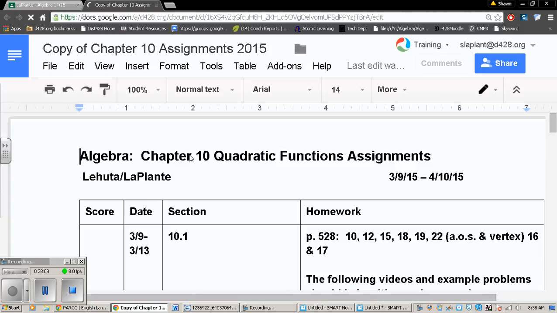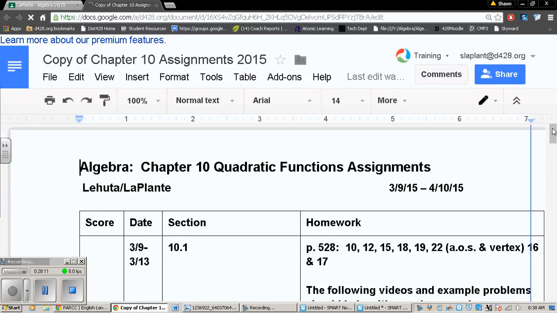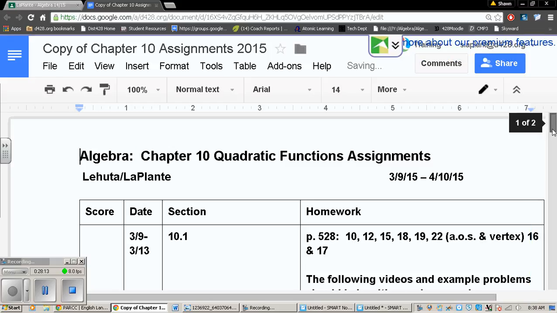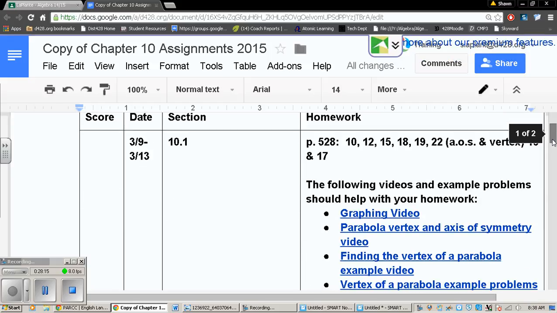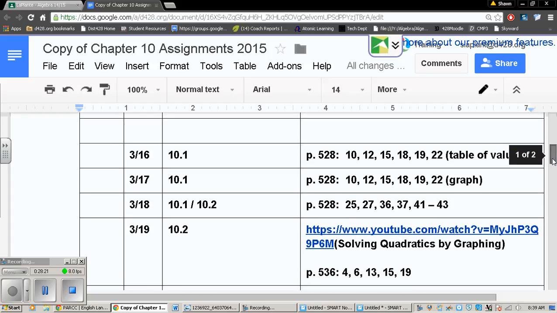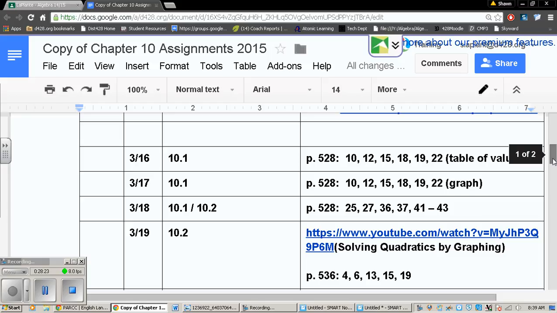So as I pull up these assignments, it says AOS and Vertex. It says page 528, 10, 12, 15, all these problems here. But then they're also right here. Okay, notice the next 2 days' assignments are all the same thing.